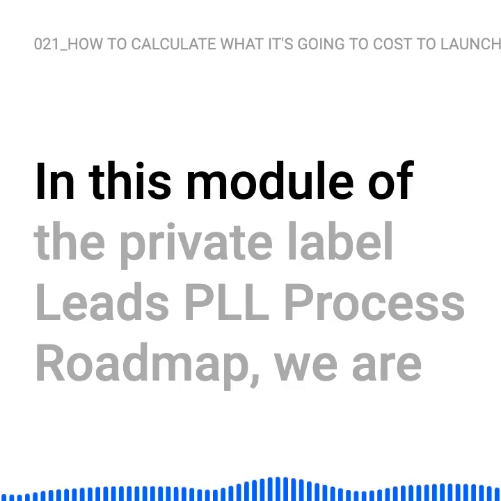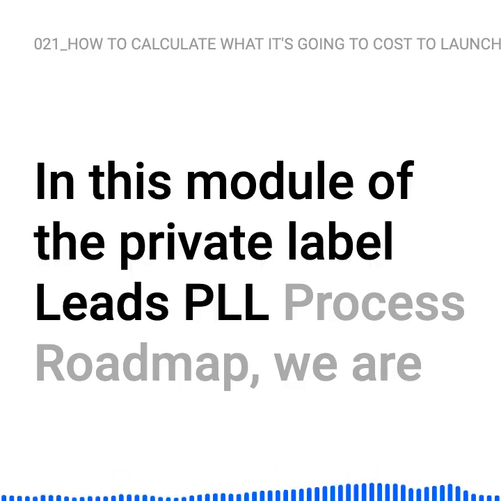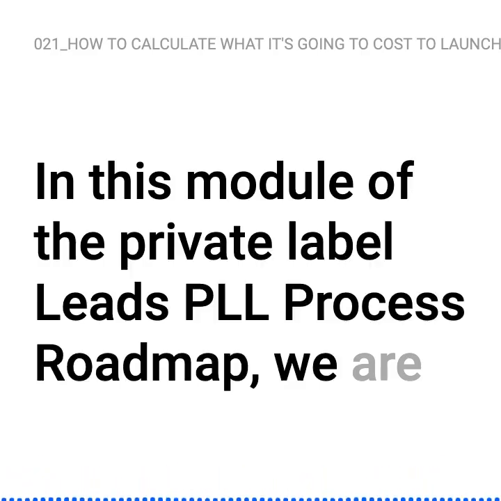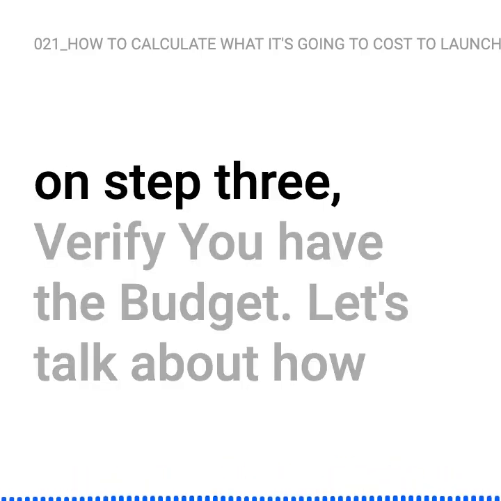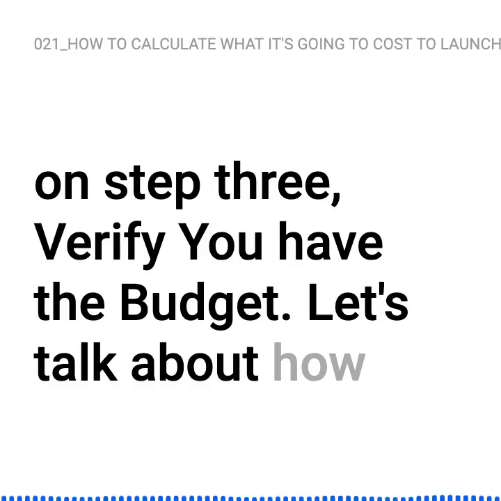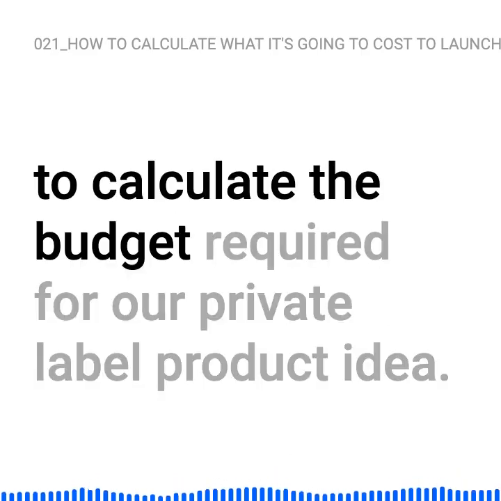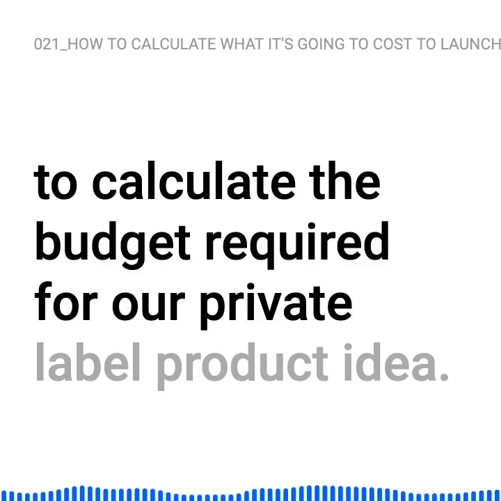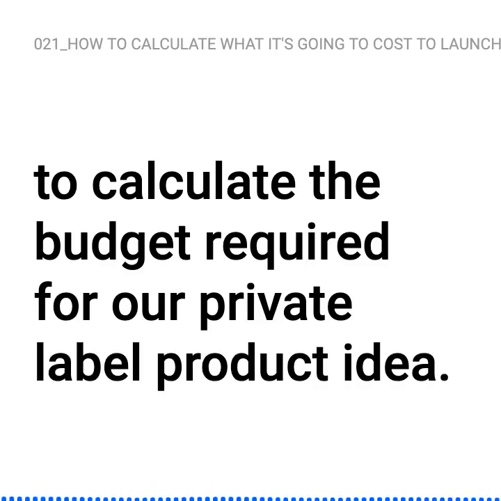In this module of the Private Label Leads PLL process roadmap, we are on step 3, verify you have the budget. Let's talk about how to calculate the budget required for our private label product idea.